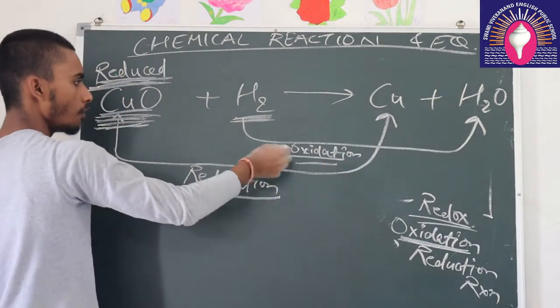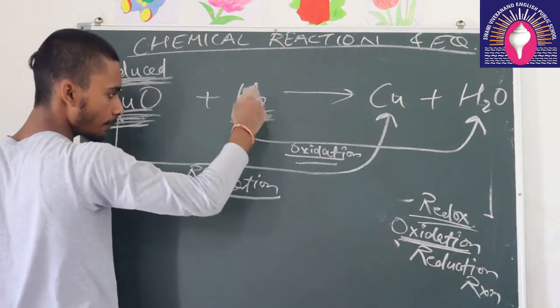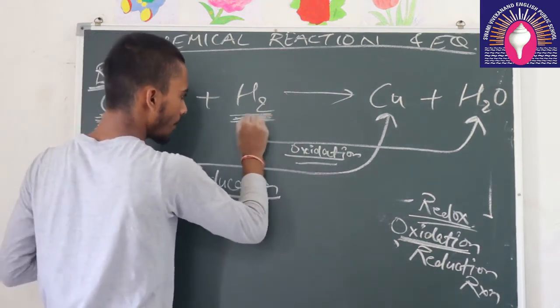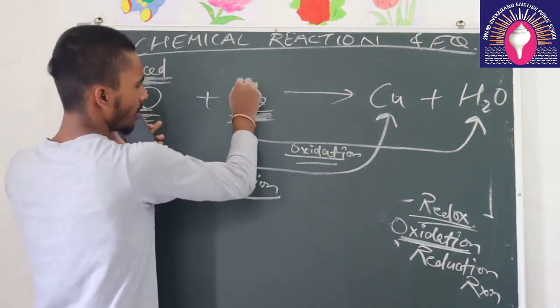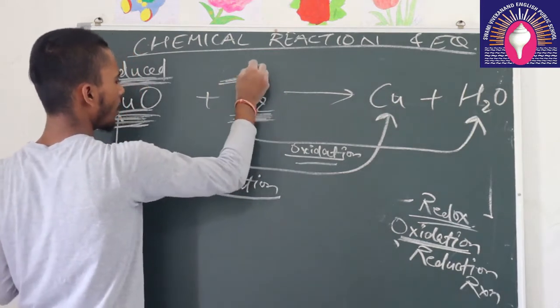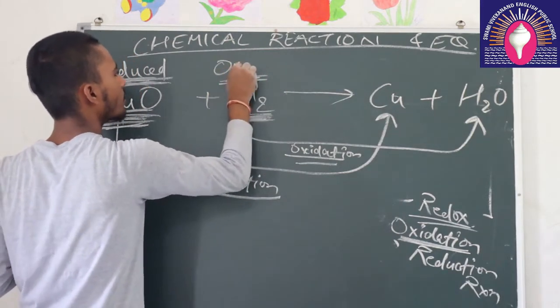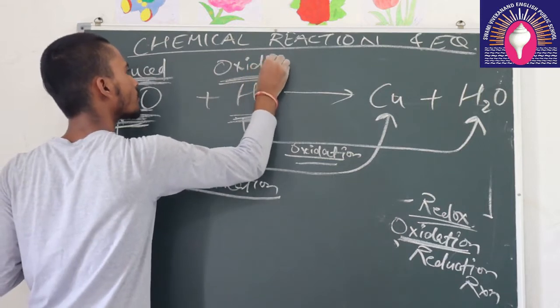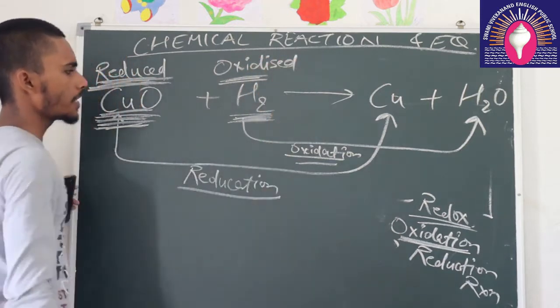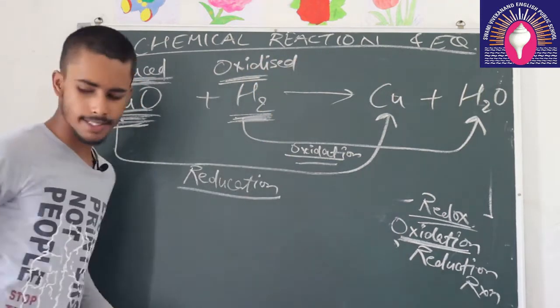And the compound on which oxidation takes place, ये जो compound है जिस पे oxidation हो रहा है, we tell this compound as oxidized. This was all about the redox reaction.